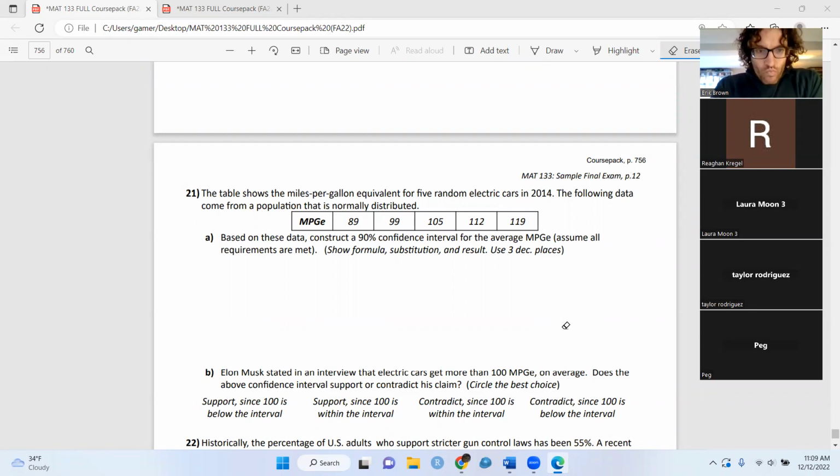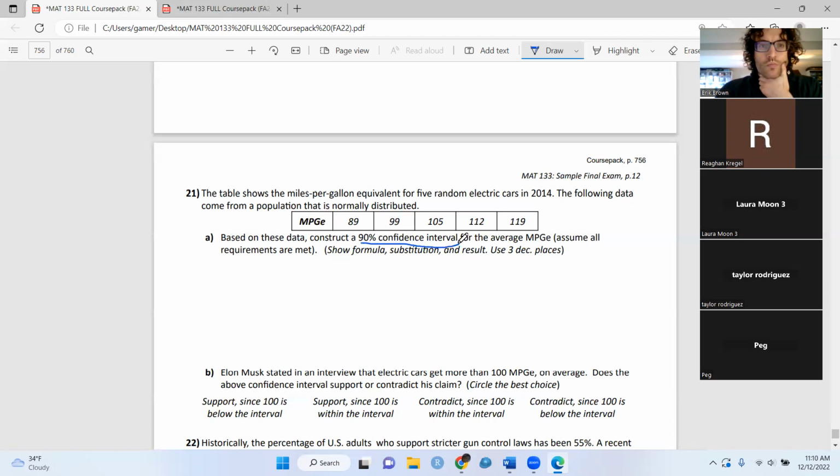So for 21, 5 random electric cars. And it said normally distributed, so I did the mu 0, standard deviation 1. That's kind of what I was thinking. And then a 90% confidence interval.